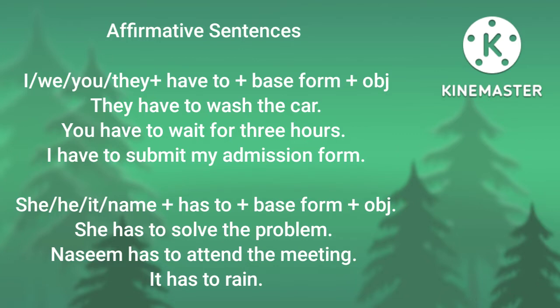Now, as far as their structures are concerned, regarding the uses of has to and have to in positive, negative and question sentences, what should be the structure? One by one, first of all, in affirmative sentences, which we can also call positive sentences, what should be the structure and order of the words while using has to and have to?